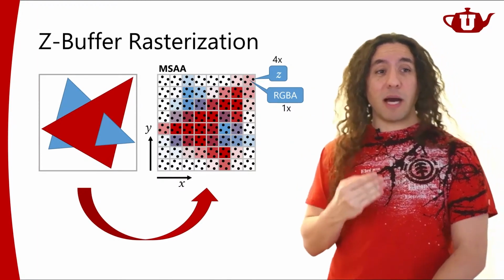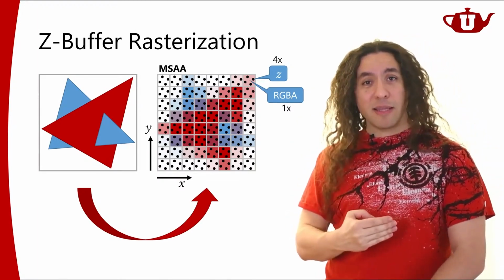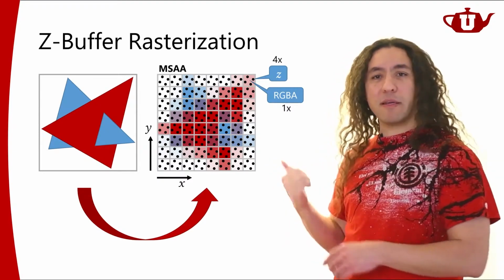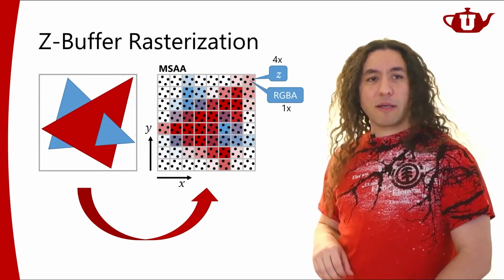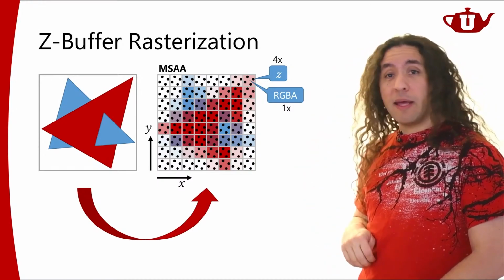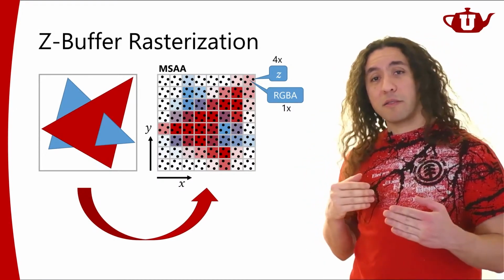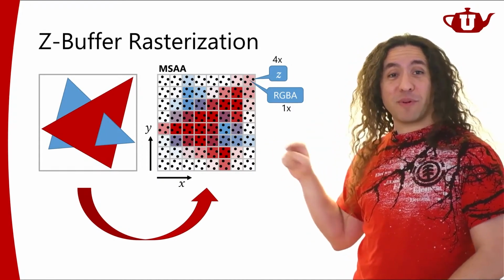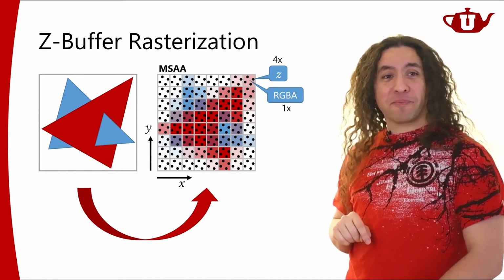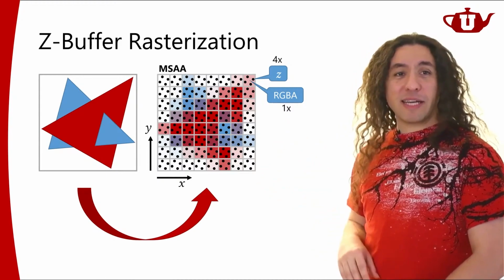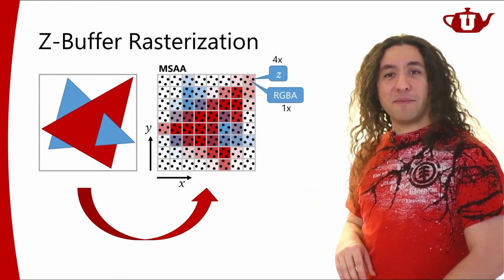So for each pixel, I'm going to store a single color. That's going to be the combined color of everything, but I'm going to be storing multiple depth values, right? And by doing so, I can figure out which triangle to choose for which sample of a pixel, and I can generate nice looking anti-aliased images.